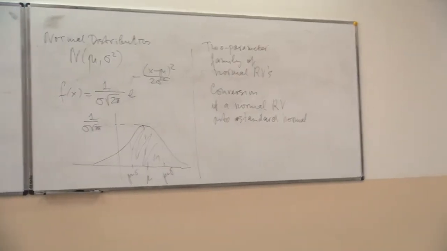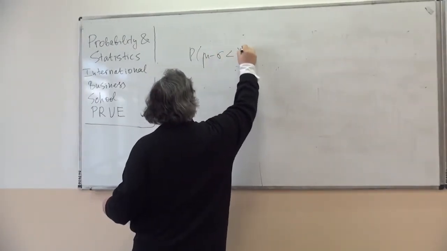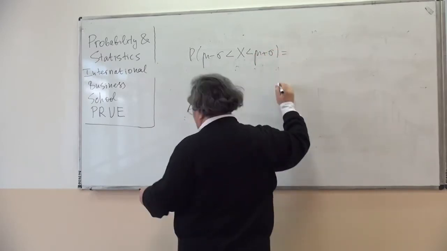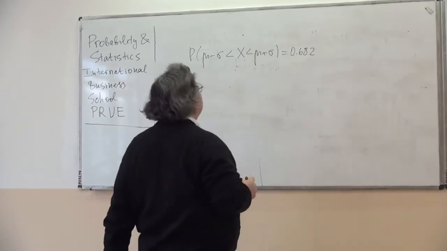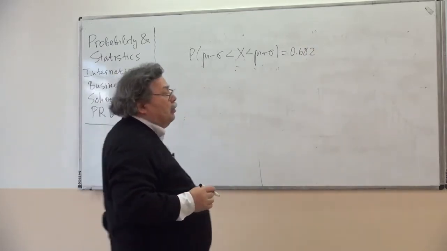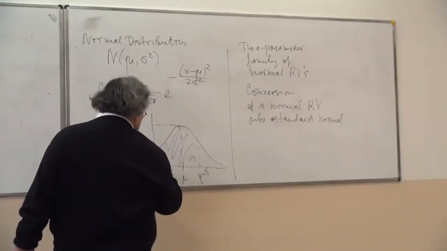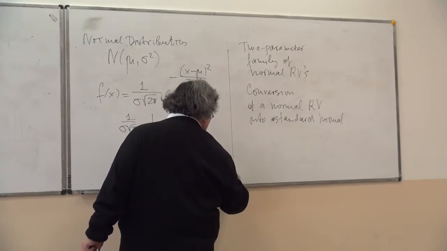Let's write it here. The probability of mu minus sigma to mu plus sigma is equal to 0.682.